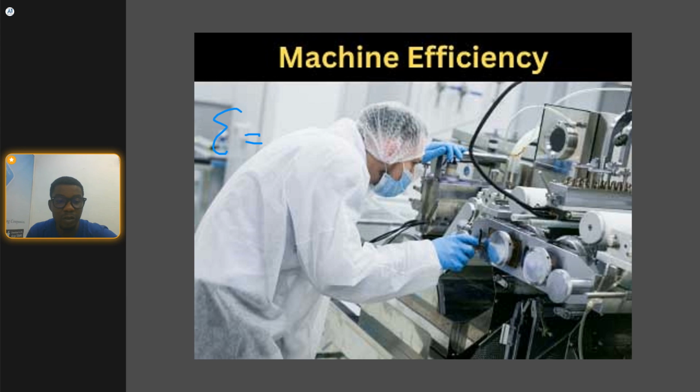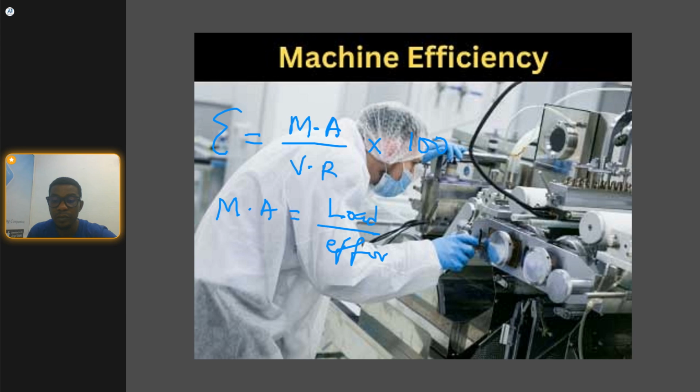Efficiency is the mechanical advantage over the velocity ratio multiplied by 100, where mechanical advantage is equal to the load over effort, and the velocity ratio is equal to the work output over the work input.